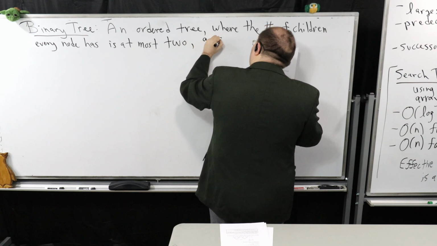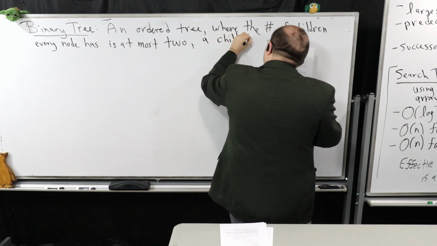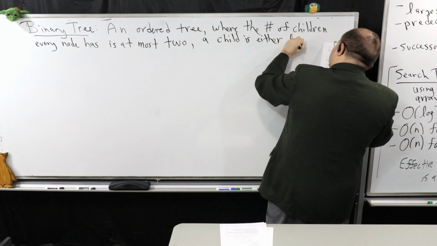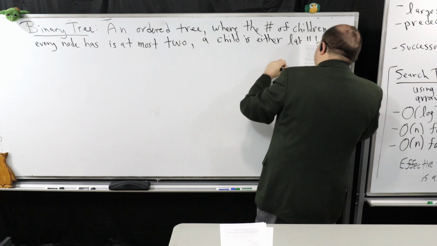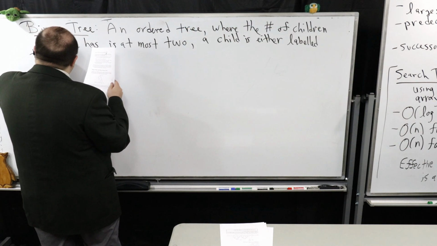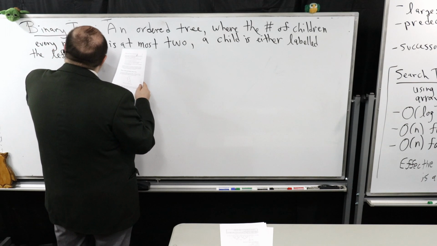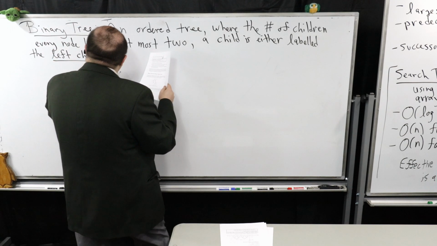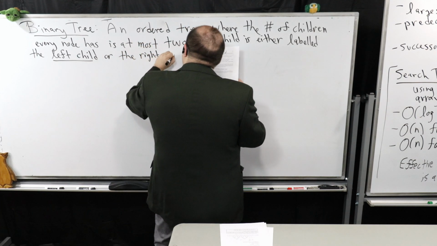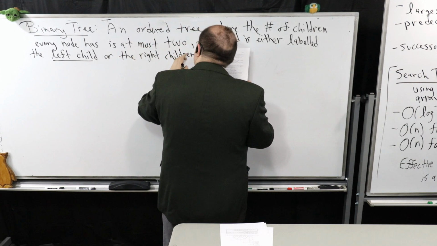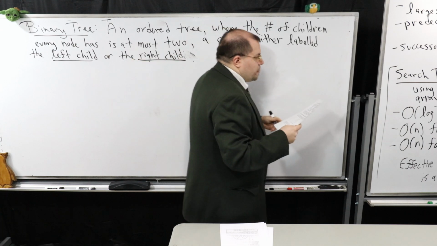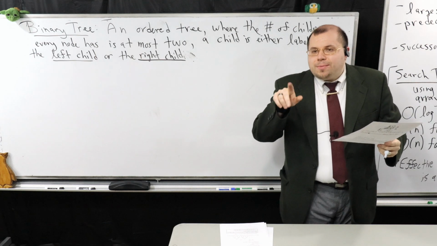And one thing I need to point out is that a child is labeled either the left child or the right child. So we're going to have special names for these two children.